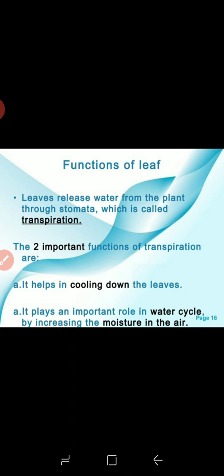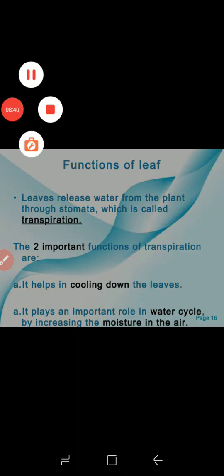So the plant also takes an important role in the water cycle, because by the process of transpiration, the water present inside the leaves gets transpired. Okay, it evaporates, and then it also becomes water droplets. In this way, it plays an important role in the water cycle by increasing moisture in the air. Okay, it helps to maintain the moisture in the air.